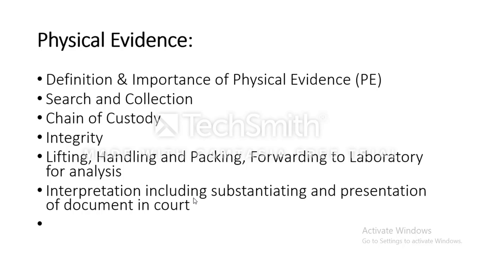Now, search and collection of physical evidence need to be categorized. Different varieties of physical evidence are available in different scenarios. There may be evidence which is very fragile, transient, and loses its significance with paucity of time. There may be volatile evidence ready to evaporate, or biological evidence ready to putrefy.